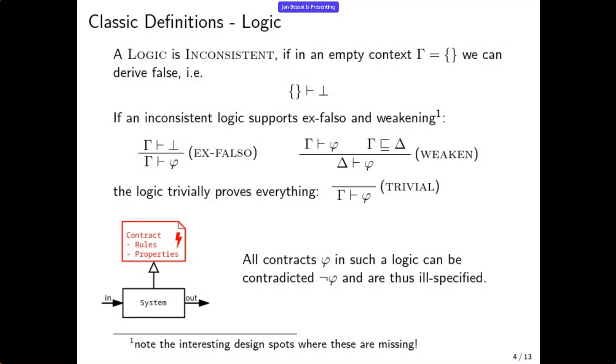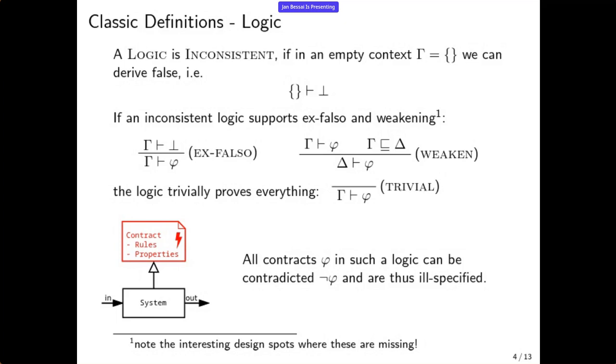But that might not just be enough, because if you look carefully at the definition of inconsistency at the top, it says that inconsistency must be derivable at the empty context. And so if we want to actually use this for most statements, our logic would have to specify something like weakening, where we can just extend our context and make it a bit bigger to have all of our current assumptions in it.